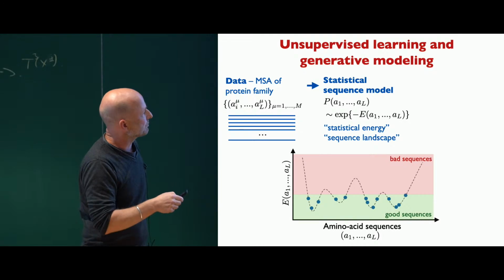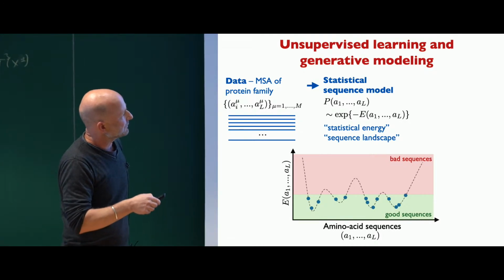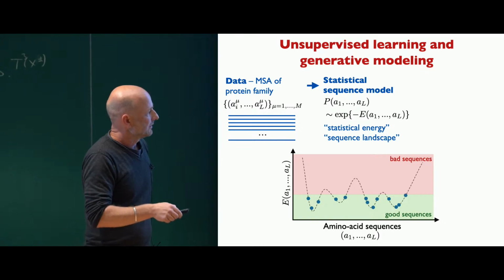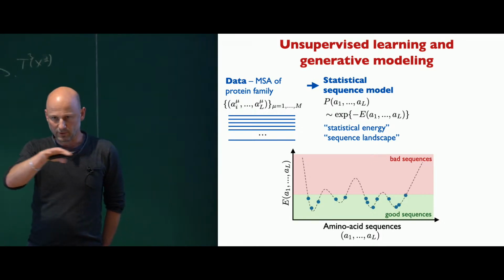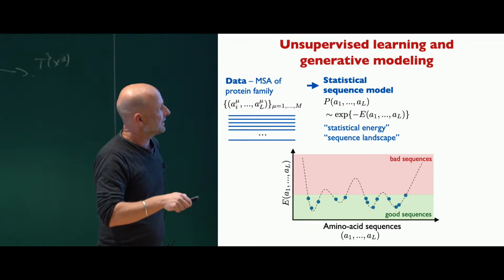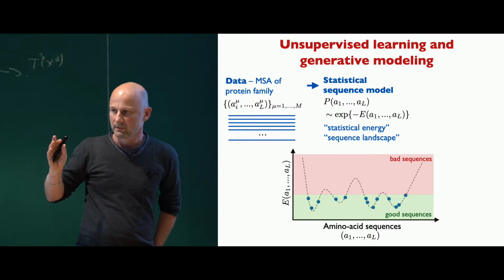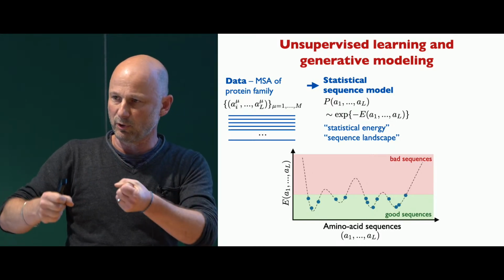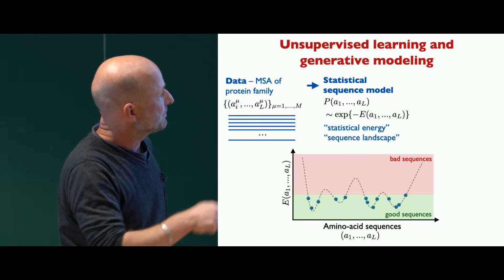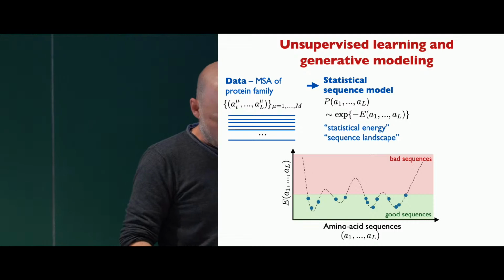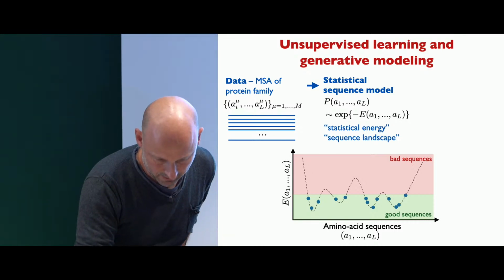It's just a minus log probability, but it's practical to visualize in this way, because like this you can imagine that good sequences are kind of low energy, so high probability, and bad sequences are those of high energy. We learn by maximum likelihood. Actually, we tweak our model so that these ones here are basically at low energy. Okay, so that's the first thing we do.